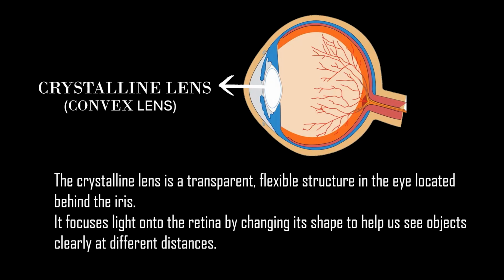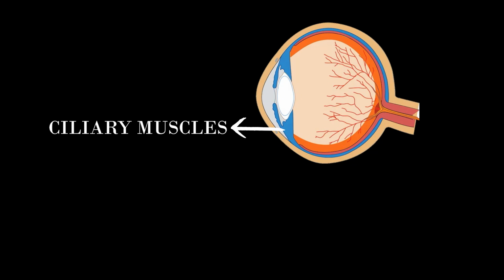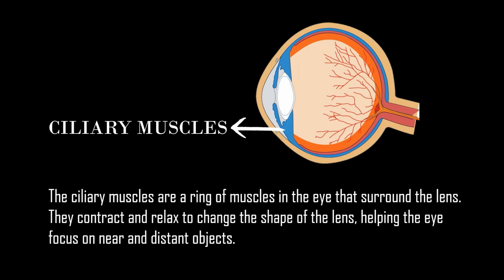Next is about the ciliary muscles. Ciliary muscles are a rim of muscles in the eye that surround the lens, and they contract and relax to change the shape of the lens, helping the eye focus on near and distant objects.